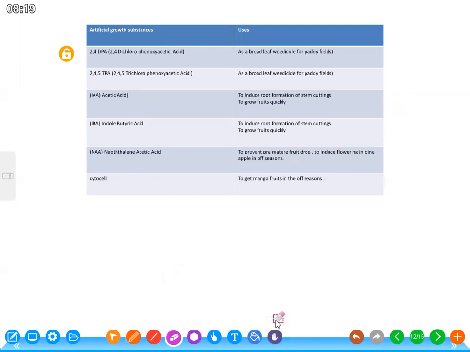The first artificial growth substance, 2,4-D. What is the use?